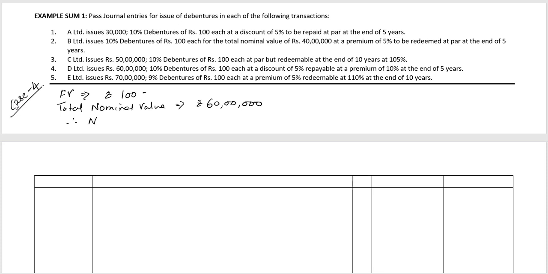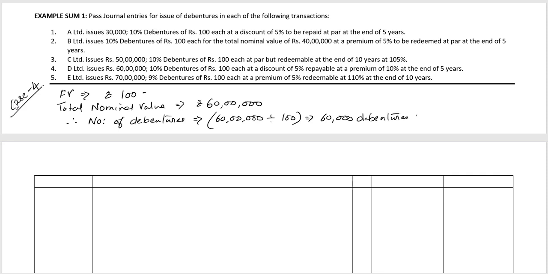Therefore, the number of debentures is equal to 60 lakh rupees divided by 100 rupees comes up to 60,000 debentures.